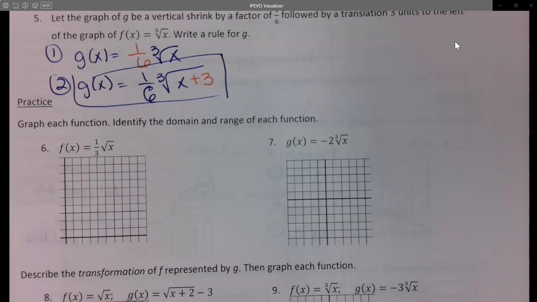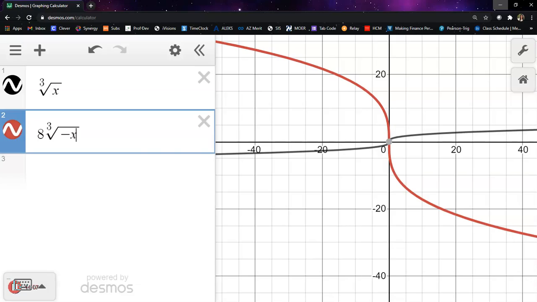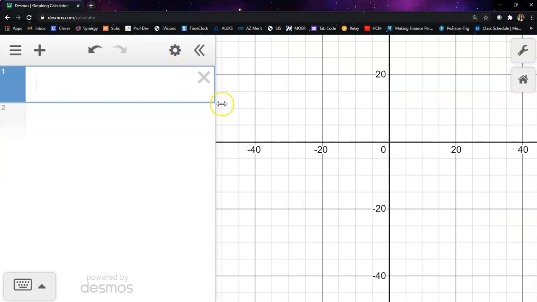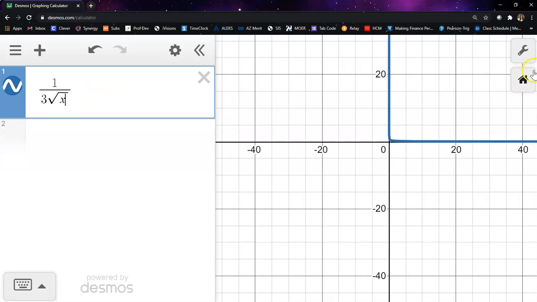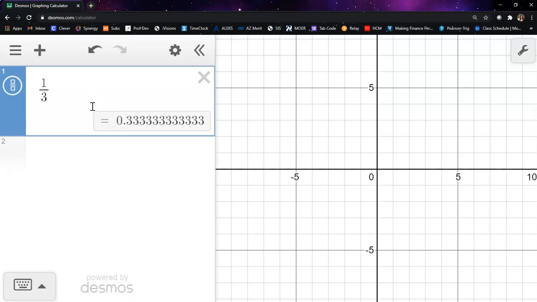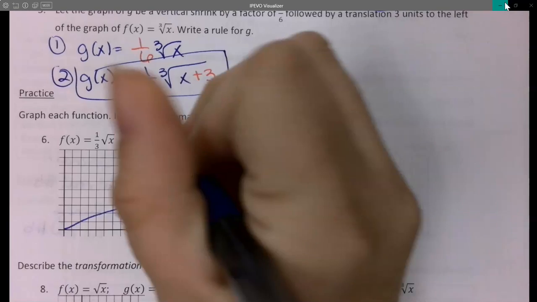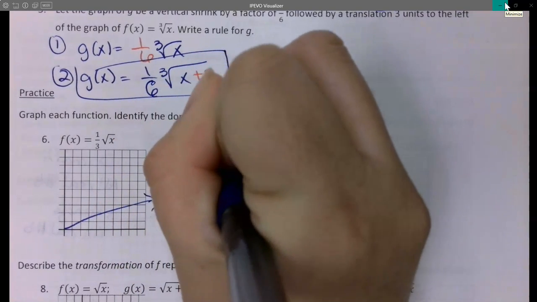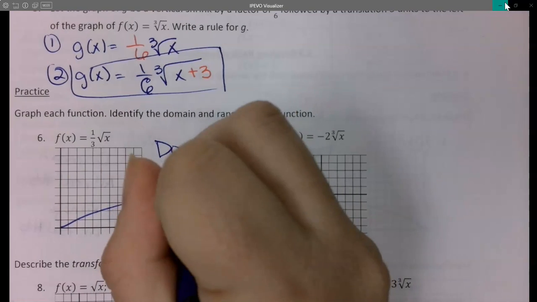Okay. So on number 6, when I went ahead and graphed this, it should look like, whoa, I typed this all wrong. It should look like this. So what is my domain here? And my range?